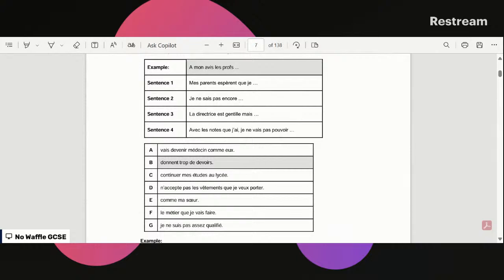It seems like that option, but let's see. Continuer mes études au lycée, continue my studies in sixth form. N'acceptez pas le vêtement que je veux porter. They do not accept the clothes that I want to wear. Comme ma sœur, like my sister. Le métier que je fais. And je ne suis pas assez qualifié, so I'm not really qualified.